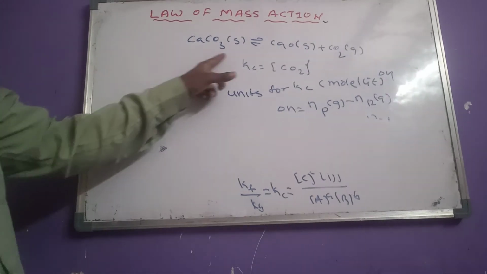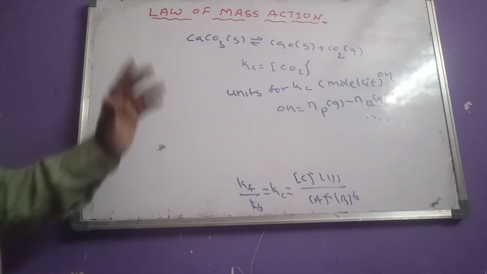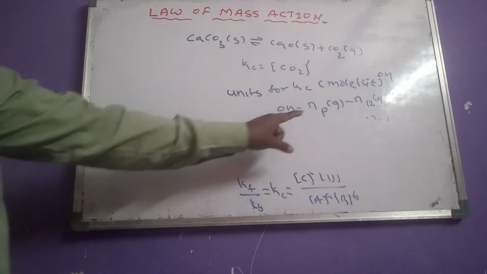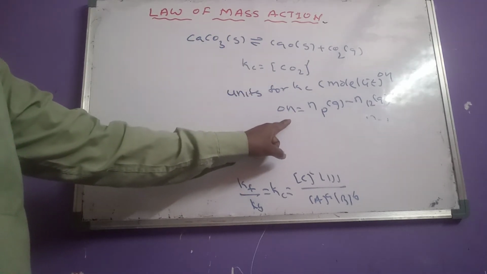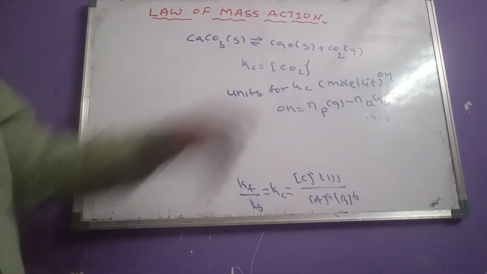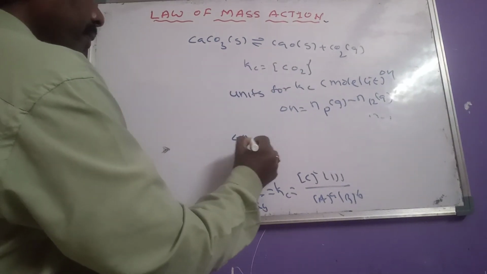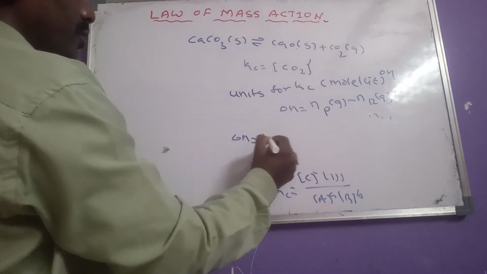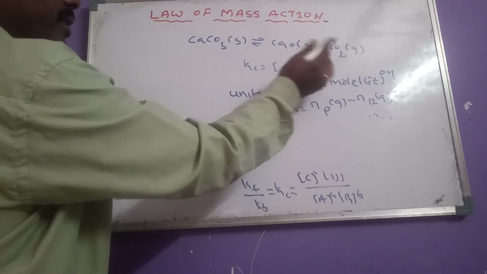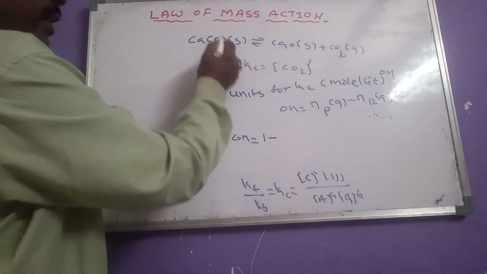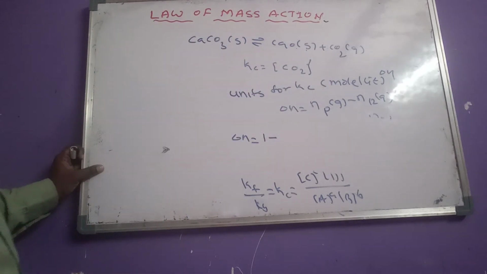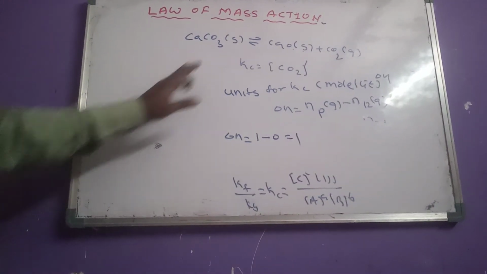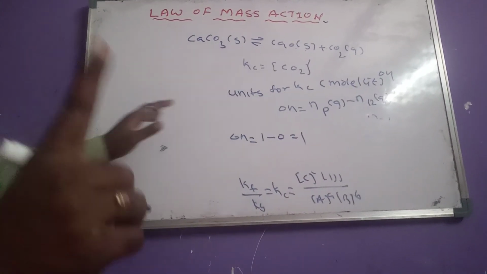For the above equation, first we have to calculate the delta n value. The number of gaseous products is only one, CO2. So 1 minus, since the solid is not a gas, leave it. On the reactant side, there are no gaseous molecules, so 0. So the delta n value for this reaction is 1.